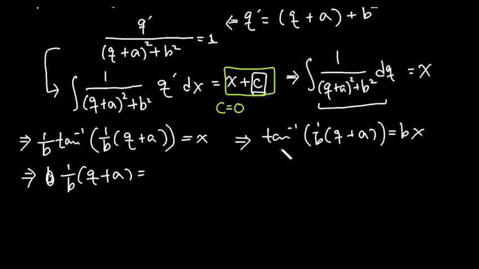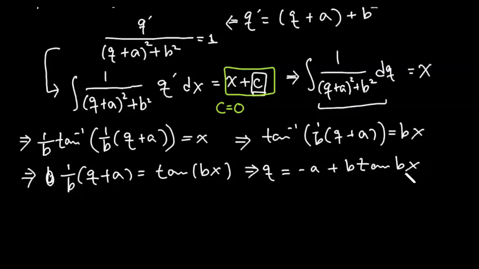So if you apply tangent to that side, we have tangent bx appearing here, and this tangent on that side cancel. Now if you multiply b to that side and subtract a from both sides, we have q equals negative a plus b times tangent bx. That's our q(x) there.